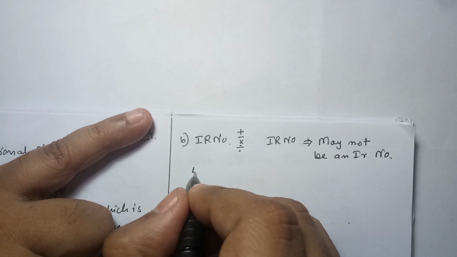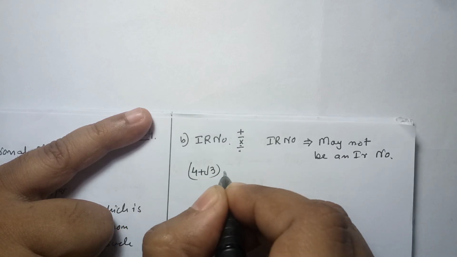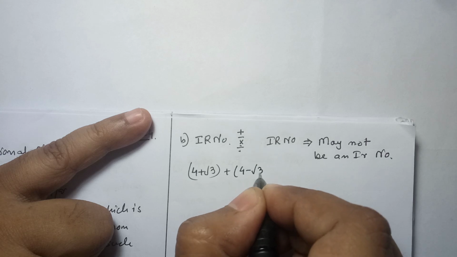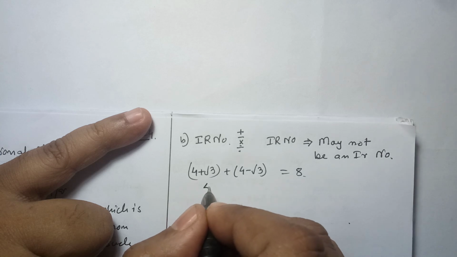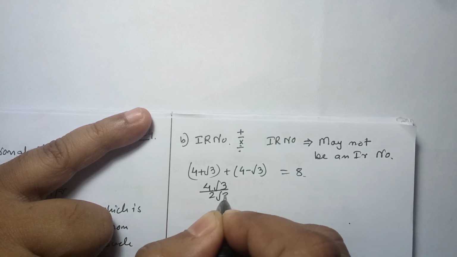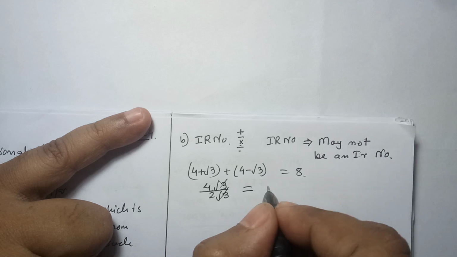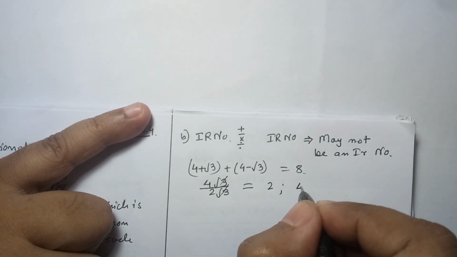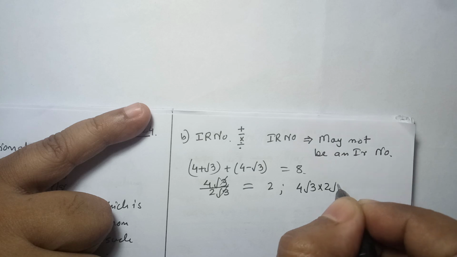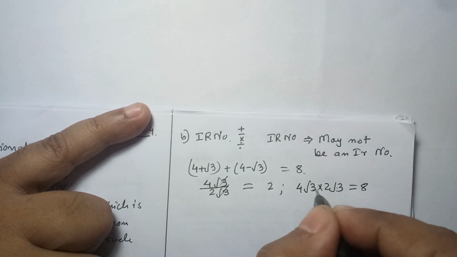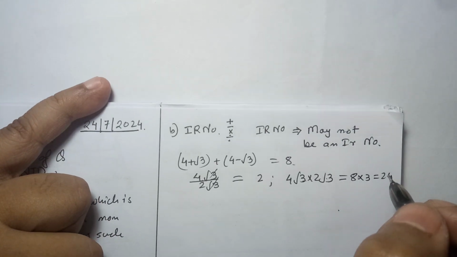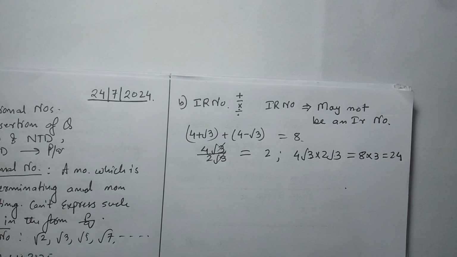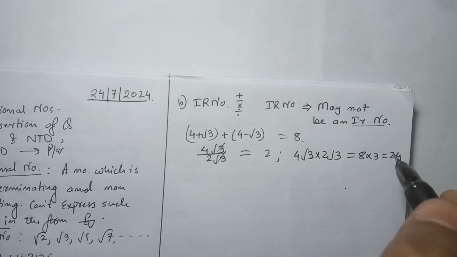Suppose you take 4 plus root 3 plus 4 minus root 3. This will give me 8, a rational number. Irrational plus irrational gives rational. 4 root 3 by 2 root 3, root 3 cancels, it gives me a rational number. 4 root 3 into 2 root 3 is 8 into root 3 into root 3, which is 3, so 24. It is a rational number. So if we operate two irrational numbers, we may not get an irrational number. We can get a rational number.